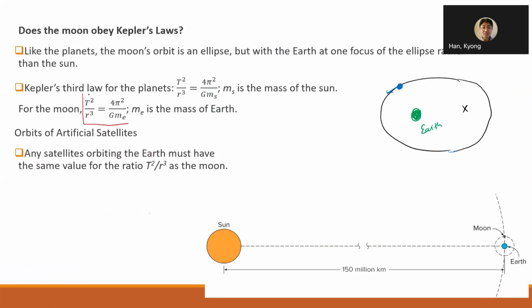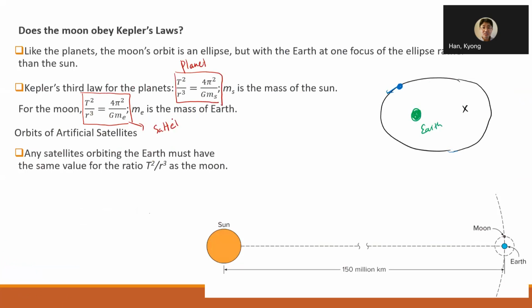This is Kepler's third law for planets, and this one is for satellites.